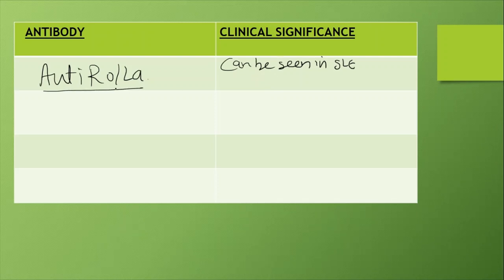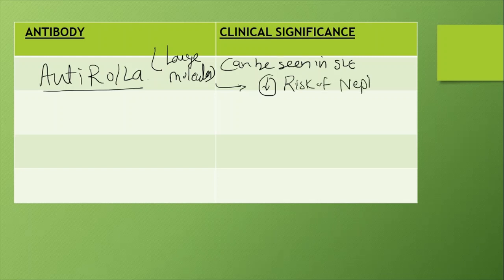Anti-Ro and anti-La, these are very, very large molecules, so they are not going to cross the glomerular basement membrane, and that's why there is a lesser risk of nephritis in these patients.